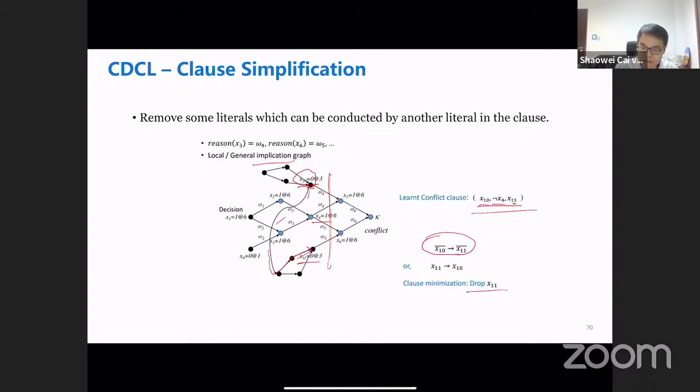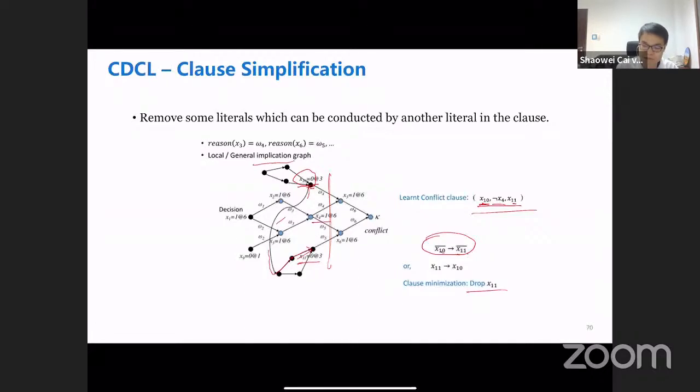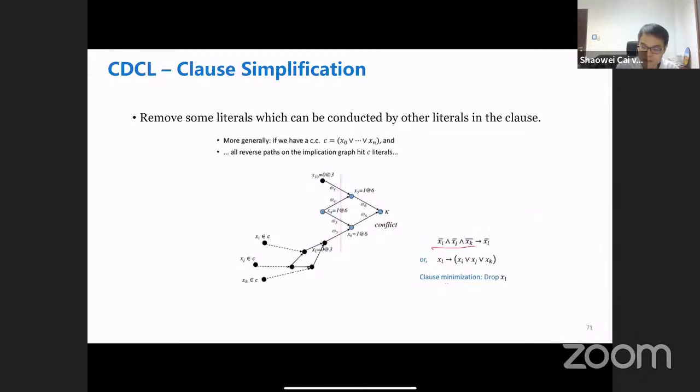So we simply drop x11 here, because once we get the information of x10, the value of x11 is already decided. And we have the general version. In this version, we consider 2 literals and their implication relation. But we can consider more literals. If we learn a clause, and in the clause there are some literals that together can imply another literal, then we can also drop the implied literal.